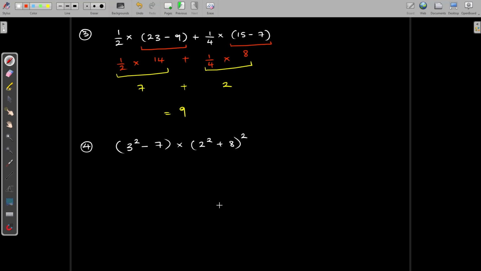We do the first bracket first: the 3 is being squared, then you subtract the 7. Then you figure out what's happening in the second bracket, then you multiply. So in the first bracket, what would that give us? Positive 2. 9 minus 7.